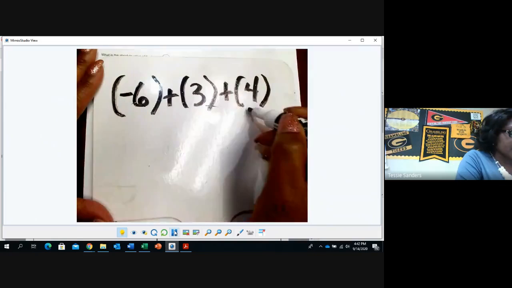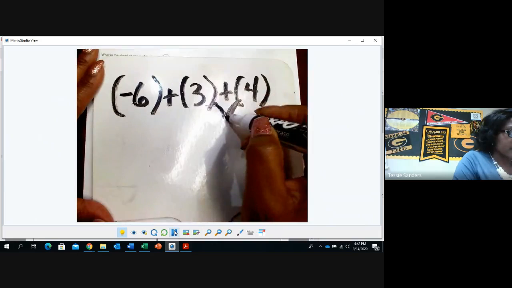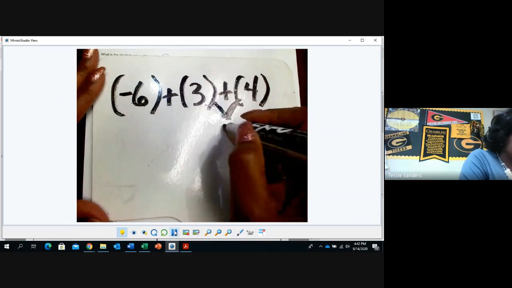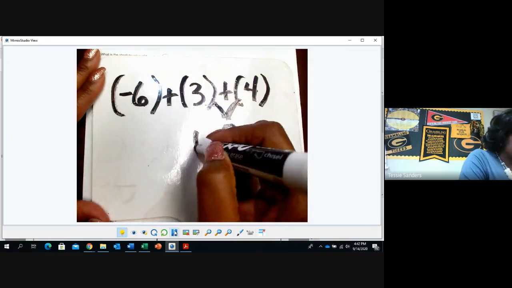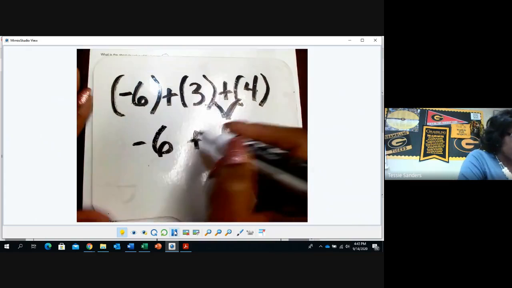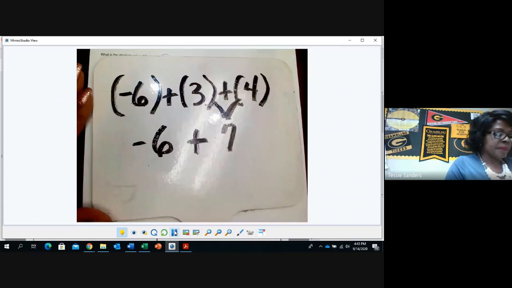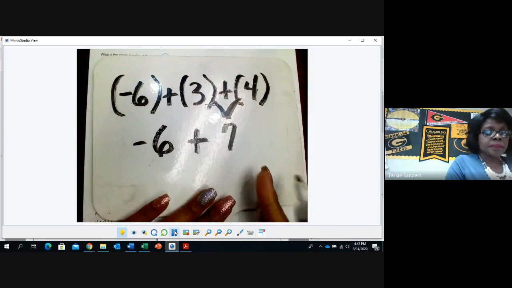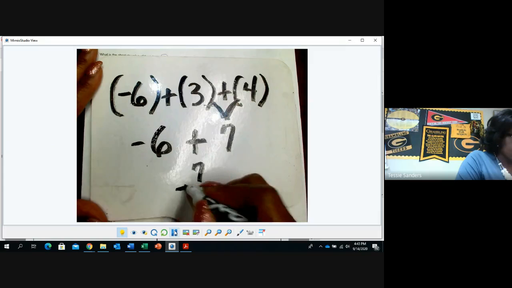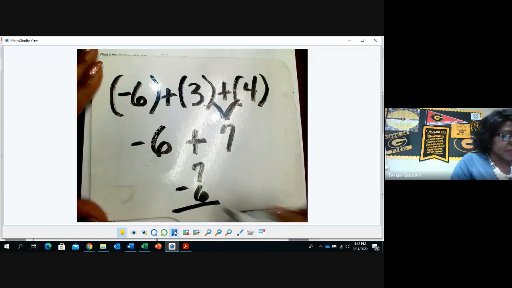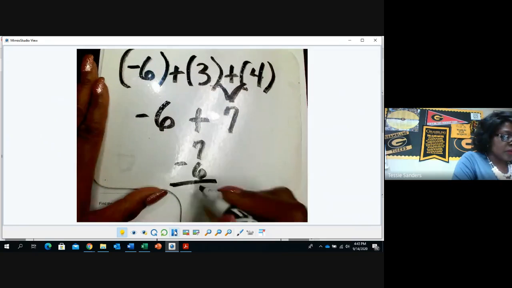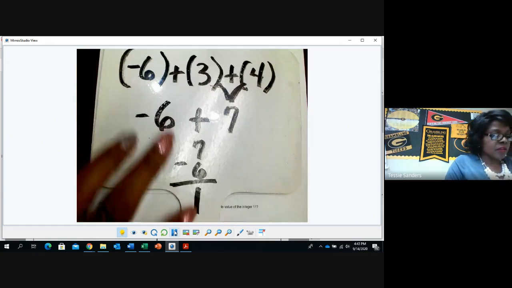Let's add these like signs. Let's go ahead and add them. 3 plus 4 is 7. So we have -6 plus 7. That's what we have. So we can rewrite it as 7 minus what? 6. 7 minus 6 is 1.